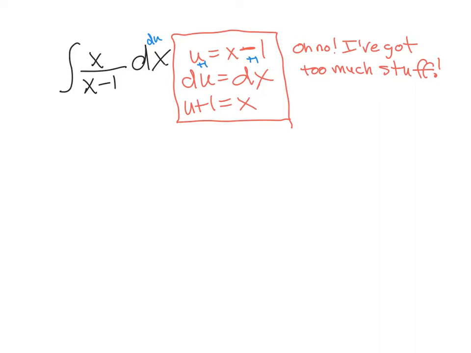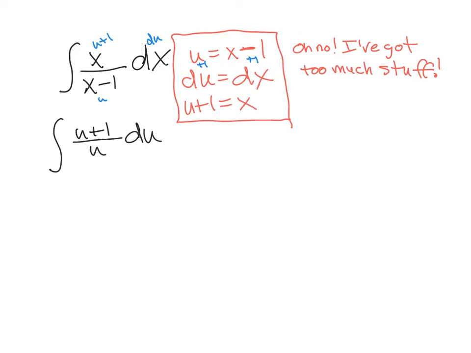I said in my cheater box that the x minus 1 equals u. So this is u in the denominator, not you personally. And I said that the x in the numerator was u plus 1. So I'm just going to rewrite this integral and change all of my variables to u's.